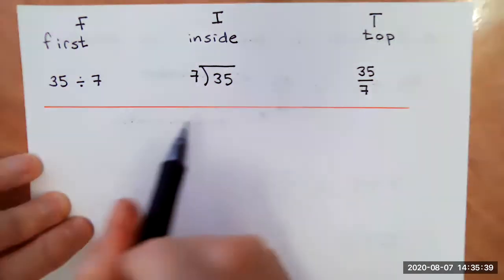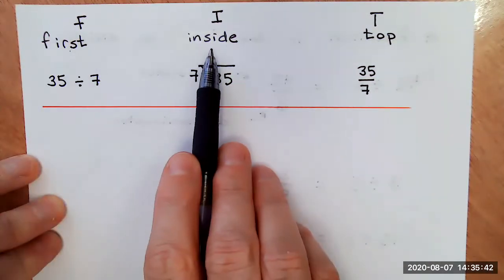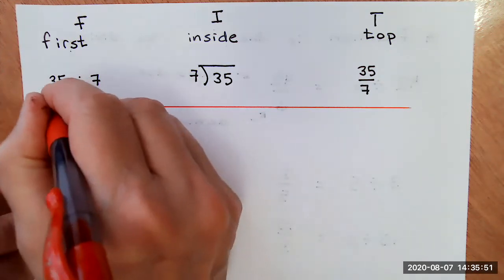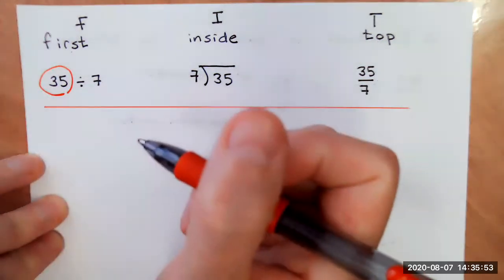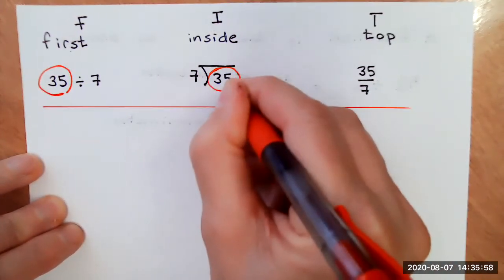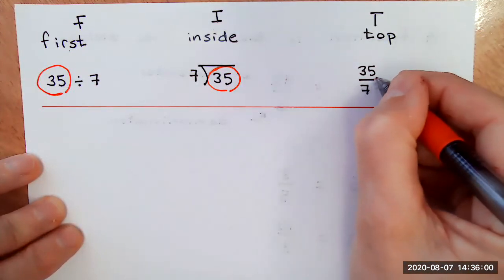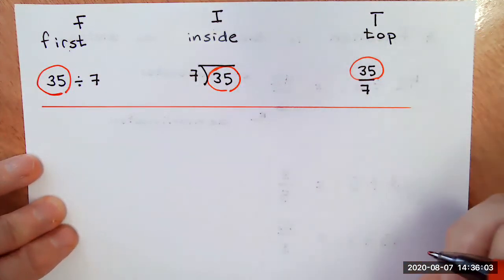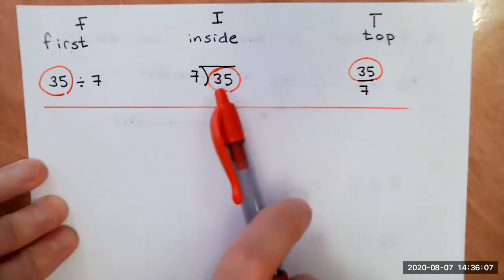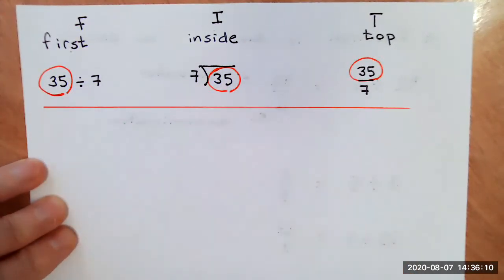F-I-T for first, inside, and top. And that refers to the location of the number that's being divided. So 35 is being divided, it goes first, or it's the number that's inside, or it's the number that's on the top. So if you had any one of these, you should be able to write it the other 2 ways. Let's try a couple of examples.